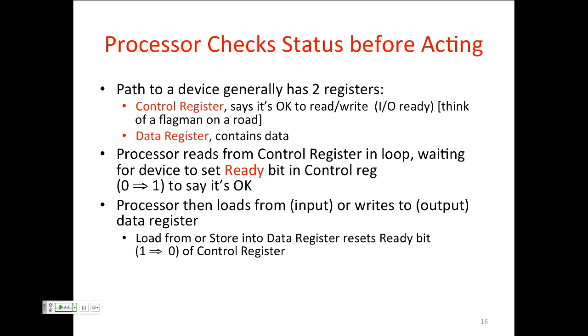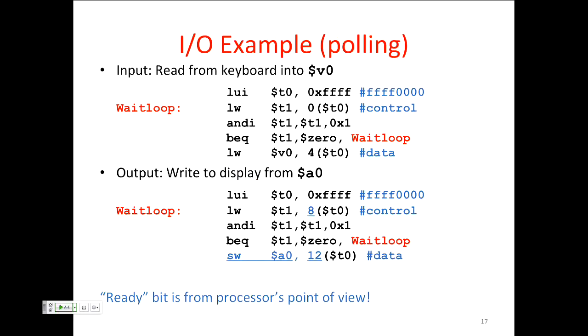And so in code, it would look a bit like this. So imagine that you want to access a keyboard, and you would say, okay, let's poll the keyboard input until data is available. So we start by loading the address where we know the keyboard is, and then we load the control bit.